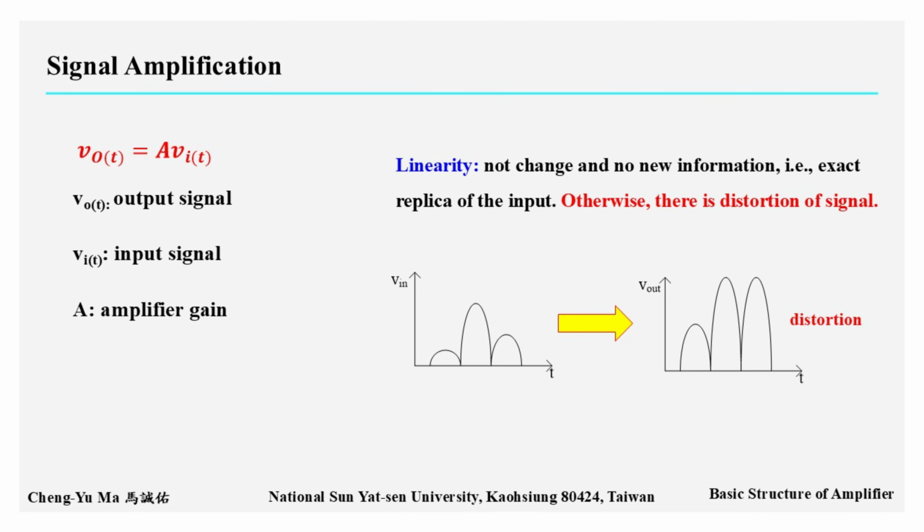For example, the input signal shown in the diagram has three peaks with different amplitudes. After passing through an amplifier with a gain of 3, if the largest amplitude is amplified by less than 3 times, while the other two amplitudes are amplified by exactly 3 times, then a distorted output signal waveform will be produced.